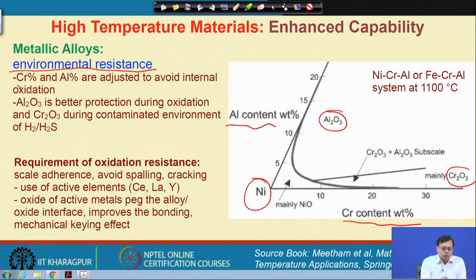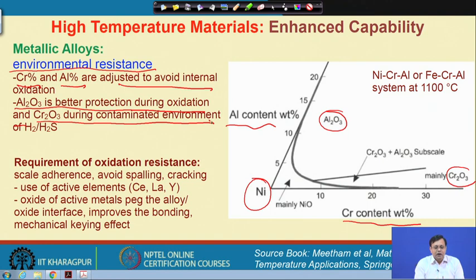Okay. So, this chromium concentration or aluminum concentration in a nickel based alloy could be adjusted to avoid some internal oxidation. Okay. So, alumina always provides a better protection in an oxidation environment, and chromia in a contaminated environment in presence of some sort of sulfur containing compounds. Okay.